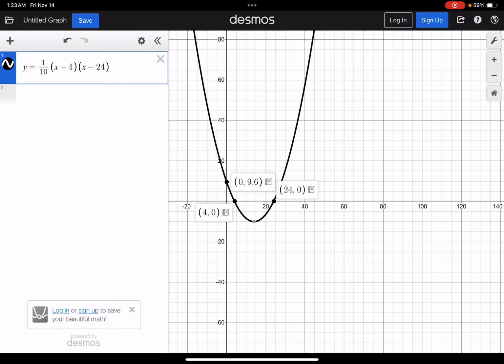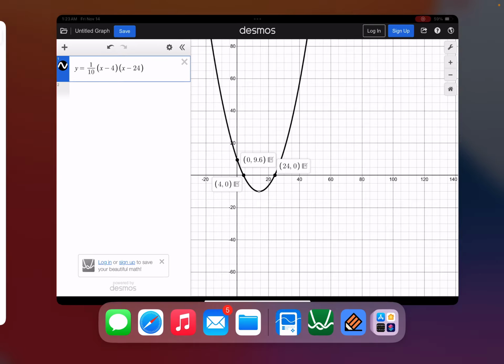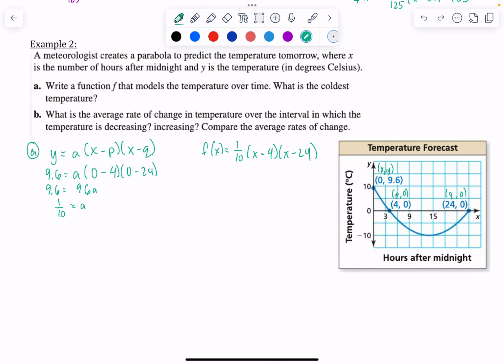The x-intercepts are (4, 0) and (24, 0). Now, if this is asking me what is the coldest temperature, anytime you have extremes, coldest, smallest, largest, anything like that, essentially what you're being asked to find is the vertex. More specifically, the y value of the vertex.